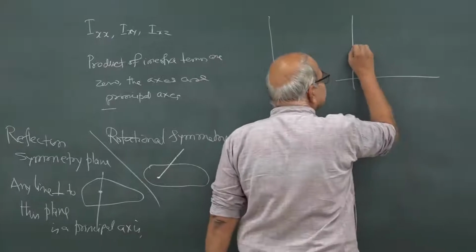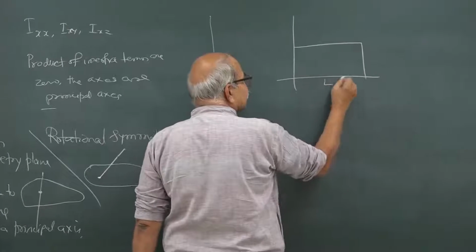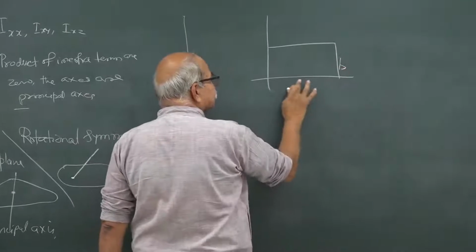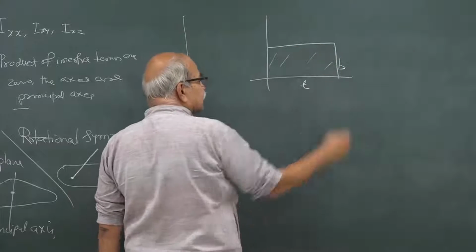Our example is this rectangular plate with some length L and some width B, a uniform rectangular plate.